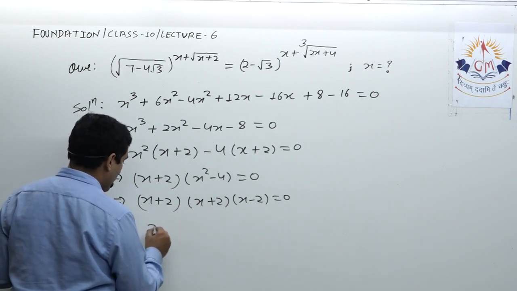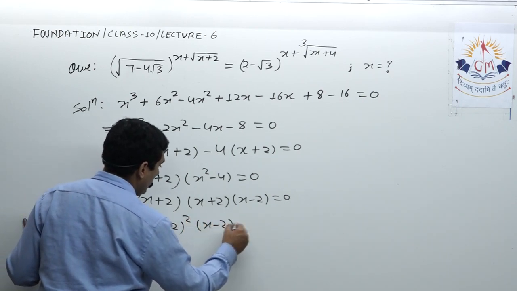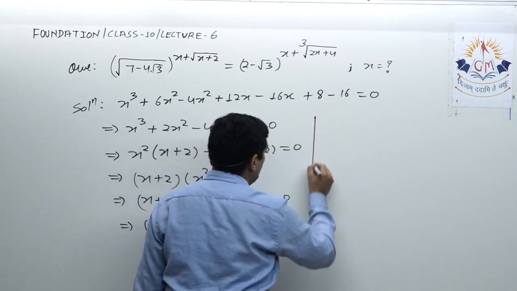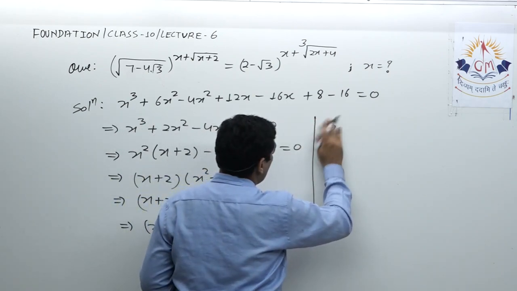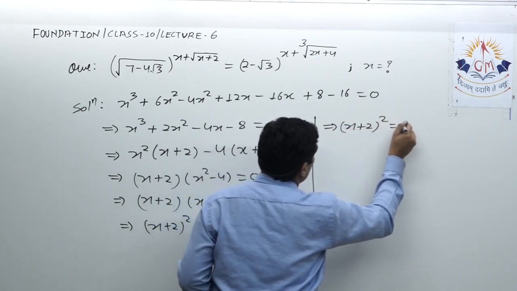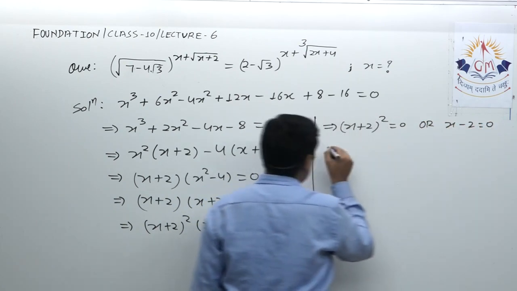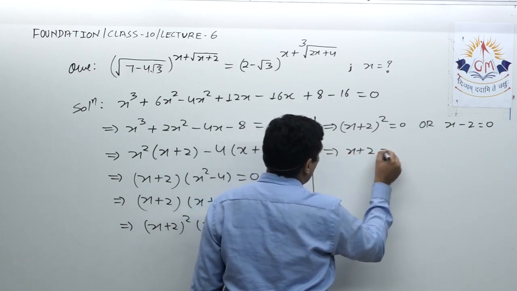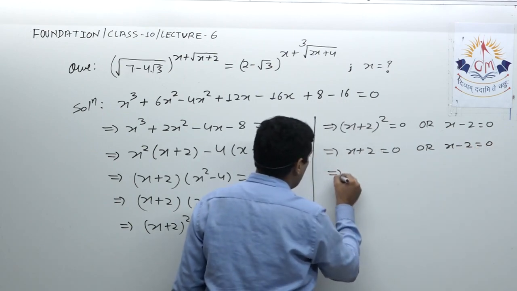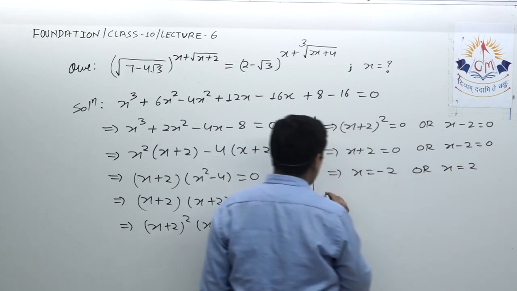So x plus 2 into x plus 2, that is (x plus 2) square, and x minus 2 is equal to 0. So either x plus 2 equal to 0 or x minus 2 equal to 0. So from here x equal to minus 2 or x is equal to 2.